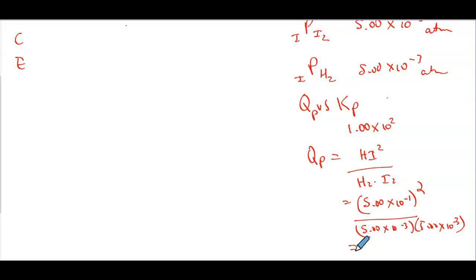Hold on, I did something funky on my calculator. Let me try that again. And I get 1.00 times 10 to the fourth. So I'm back up here, 1.00 times 10 to the fourth.